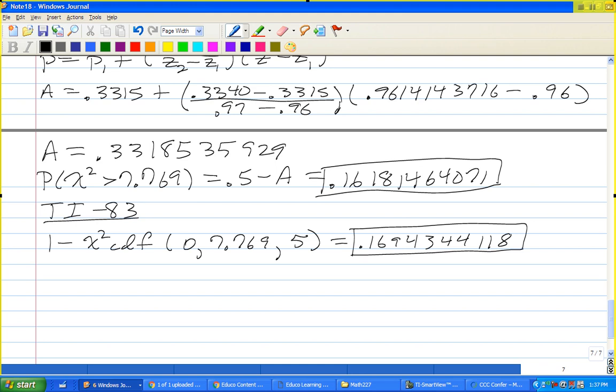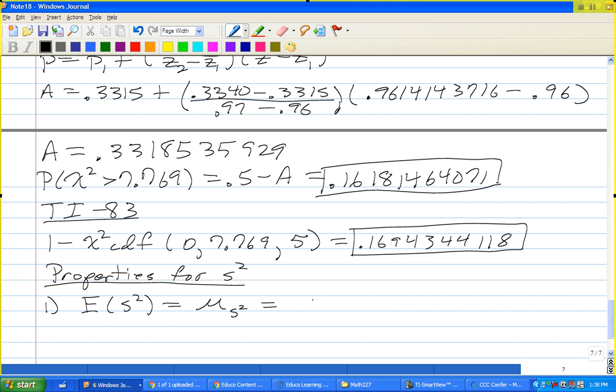Okay, so let me give you some properties for the sampling distribution for sample variances. First is that the sample variances target the population variance. So the expected value of the sample variances, the mean for the sampling distribution of all possible sample variances, will be the population variance.